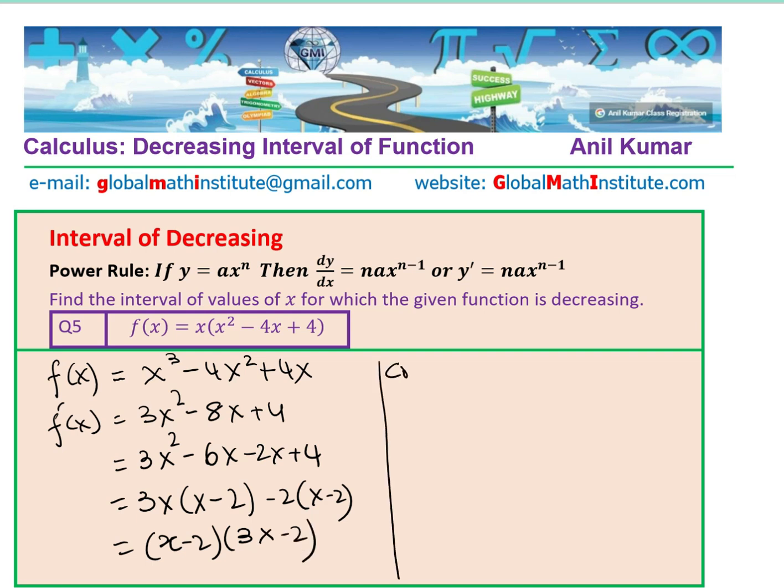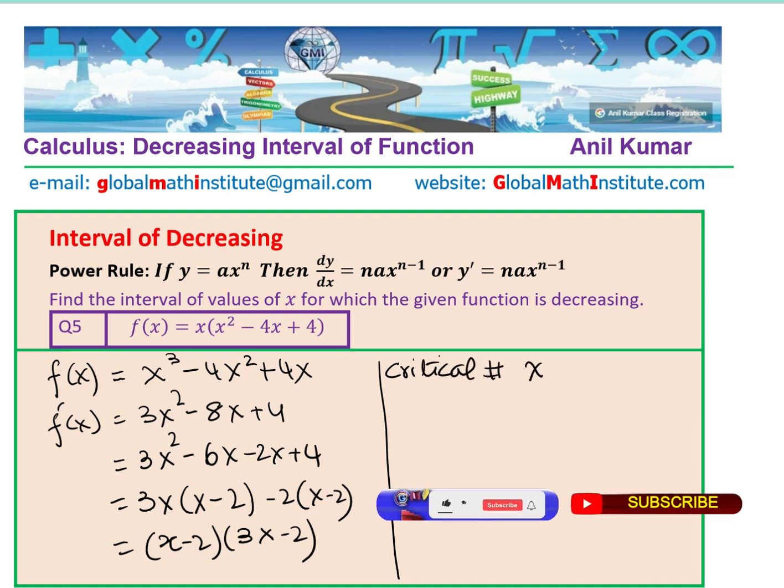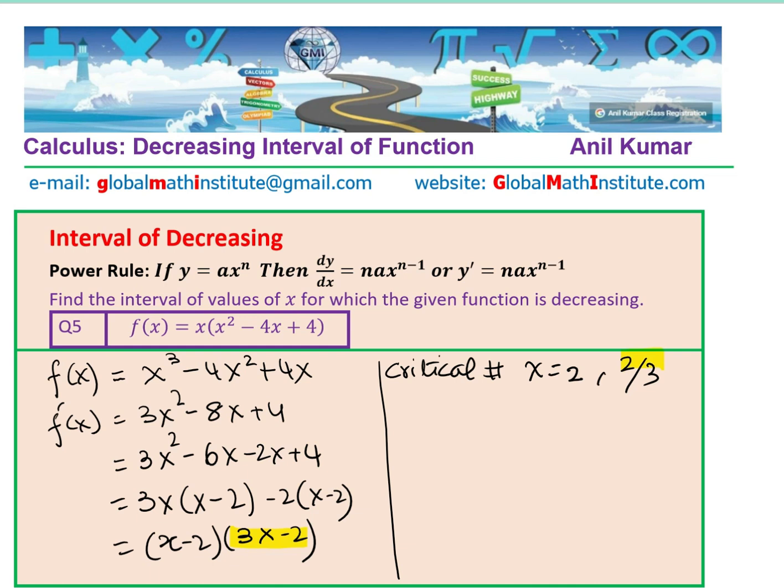So we know the critical numbers now. When we equate each of these factors to 0: if you use 3x minus 2 equals 0, you get x equals 2 by 3, and if you use x minus 2, you get x equals 2. So we got two critical numbers at this stage, correct?